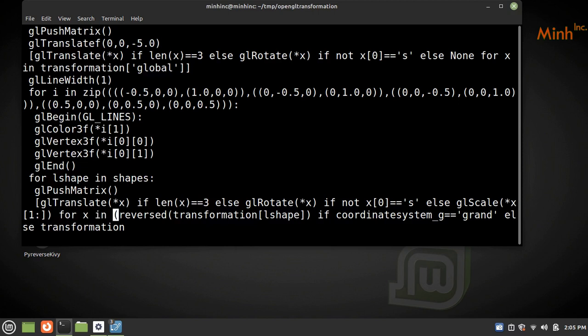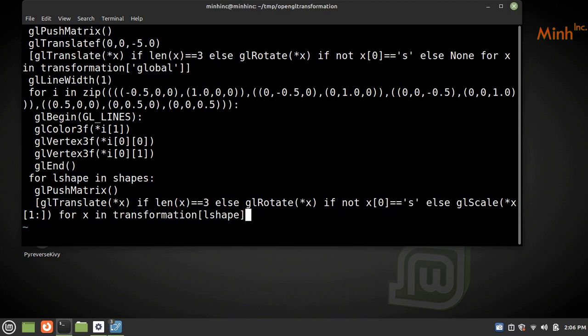Okay. For x in transformation S, okay, if L shape not equal to global. So for not global, we are writing this.